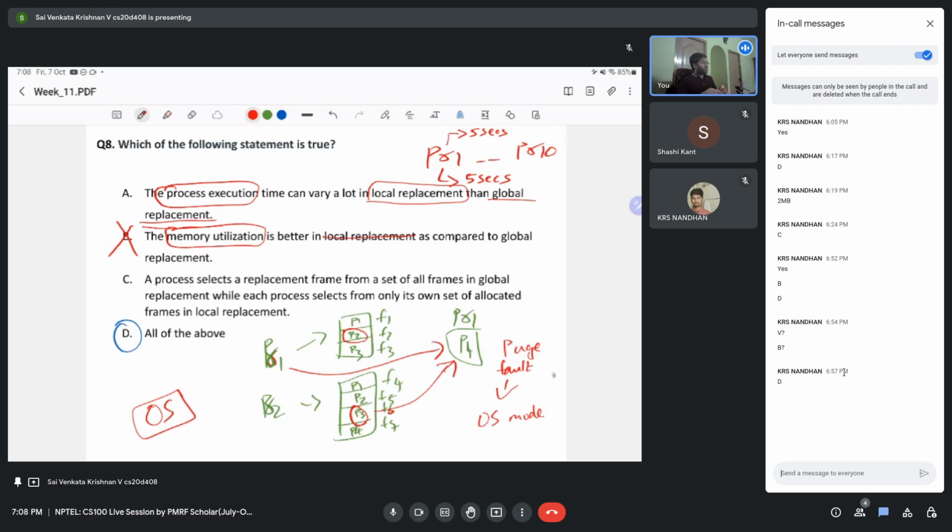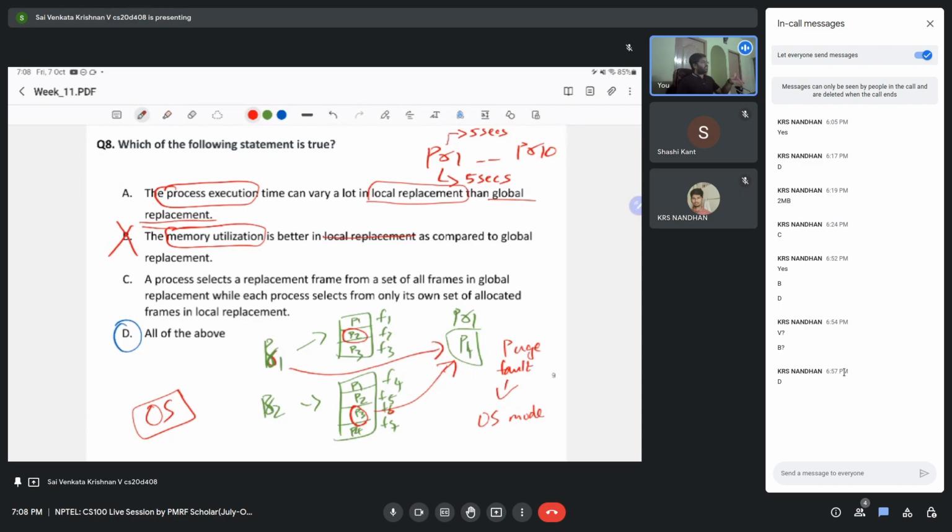In a local replacement, it's deterministic, because the set of frames allocated to a process is always the same. Based on the reference string, I can very well say it will take 5 seconds or so. Whereas in global replacement, I should take into consideration what the other processes might be accessing and how frequently they access their pages.